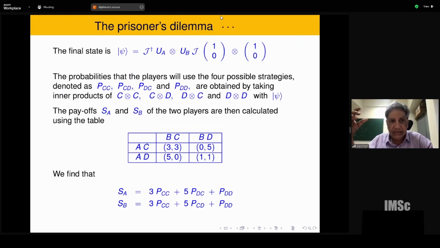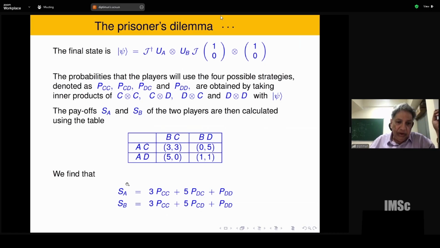So you have a psi as a row on the left, and then there is this psi given here. Then you act on it, follow that up with C times C or C times D, etc. And then again a psi. So an expectation value of the type that you calculate in quantum mechanics. And then you calculate the payoffs, SA and SB of the 2 players using this payoff table that we saw earlier.